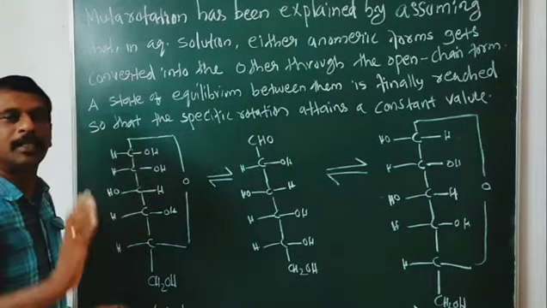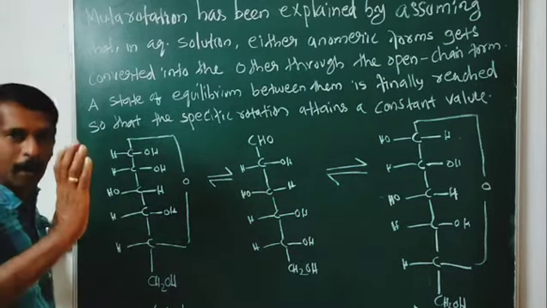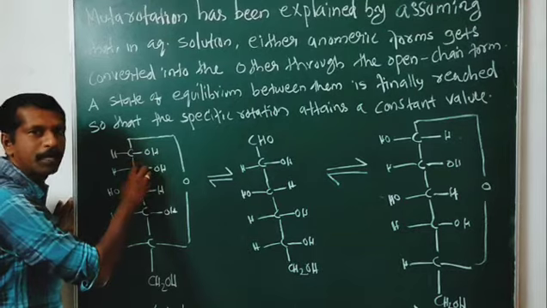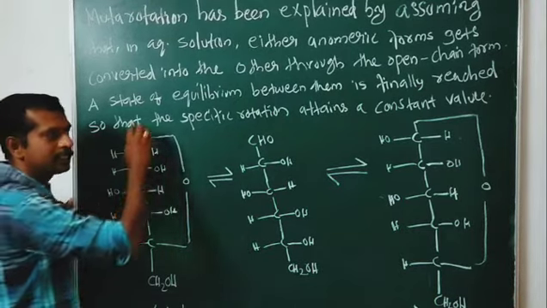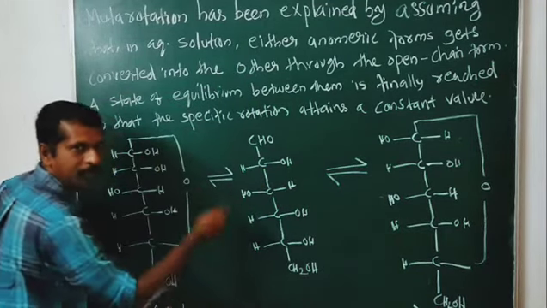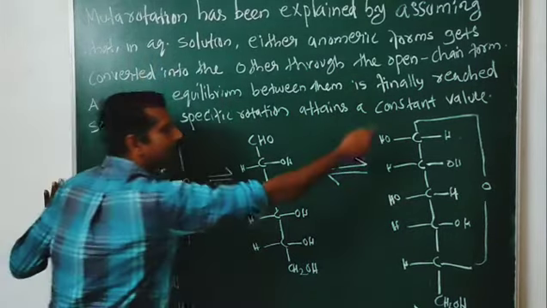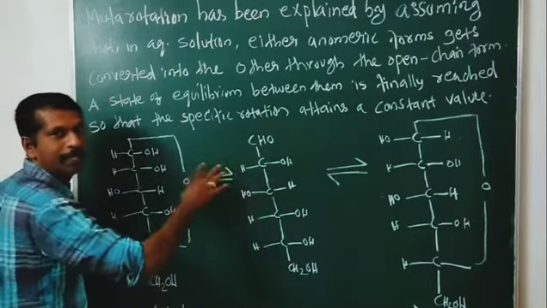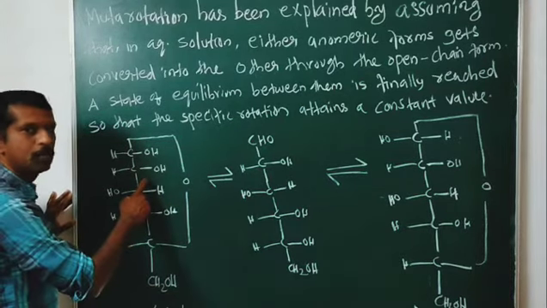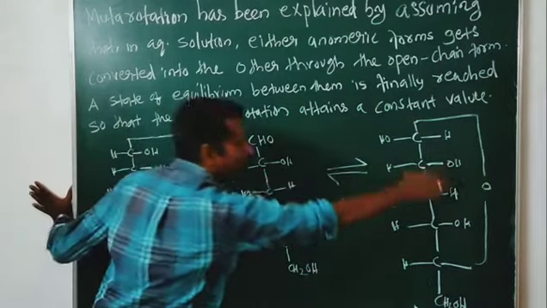So once again, the reason for mutarotation, and why a constant value is attained, is that one anomeric form, say alpha D glucose, is converting to beta D glucose through the open chain form. That means there will be an equilibrium between alpha D glucose and the open chain form, and an equilibrium between the open chain form and beta D glucose.